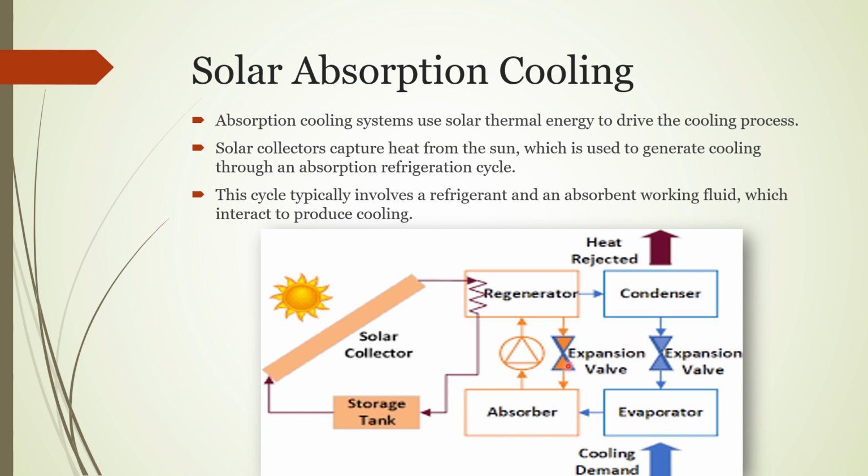As we can see in this figure, there is a solar collector, a storage tank, a regenerator, absorber, evaporator, condenser. So it forms a cycle where the heat is rejected and cooled, which helps in cooling the building.